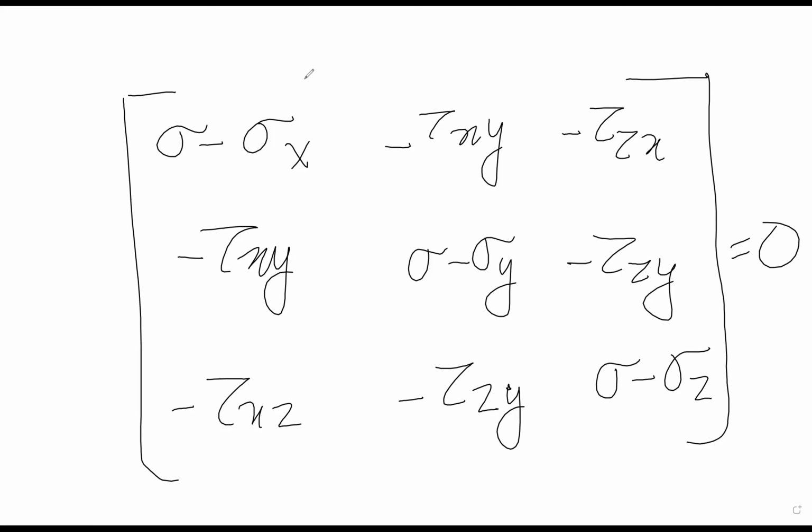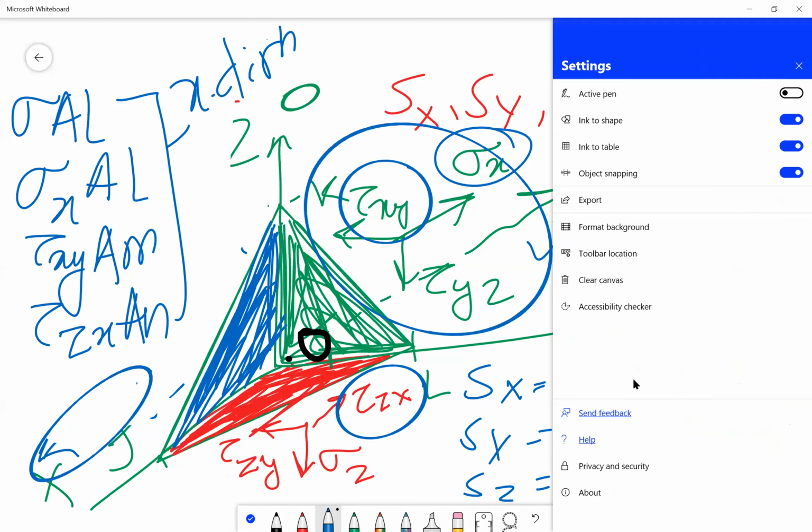From this determinant, if you read the mathematics, we have to go for the solutions. Here we have the three solutions. First, solve this determinant. Now I am just clearing this canvas.